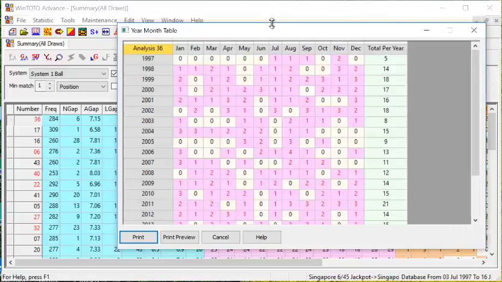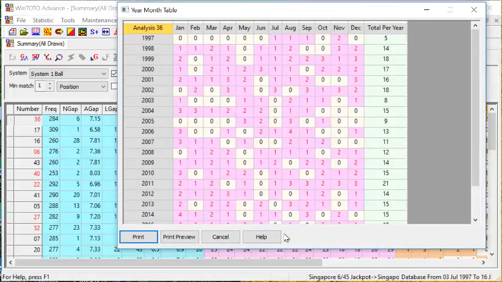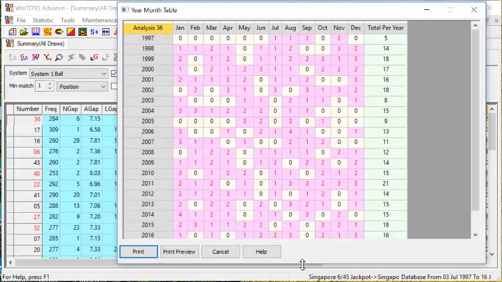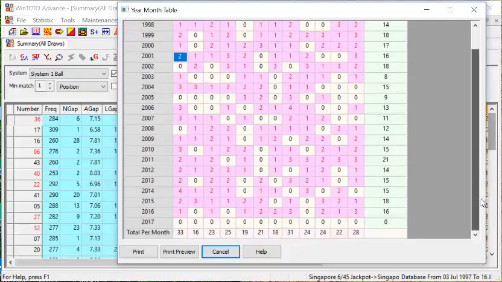You can see for yourself that from the year 1997, number 36, from 1998, every time in the month of January, it did appear either one time or two times, and you add up together, excluding the 0. 1 plus 2 plus 1 plus 2, all the way until the month of January. You can see that in total it appears how many times? 33 times.